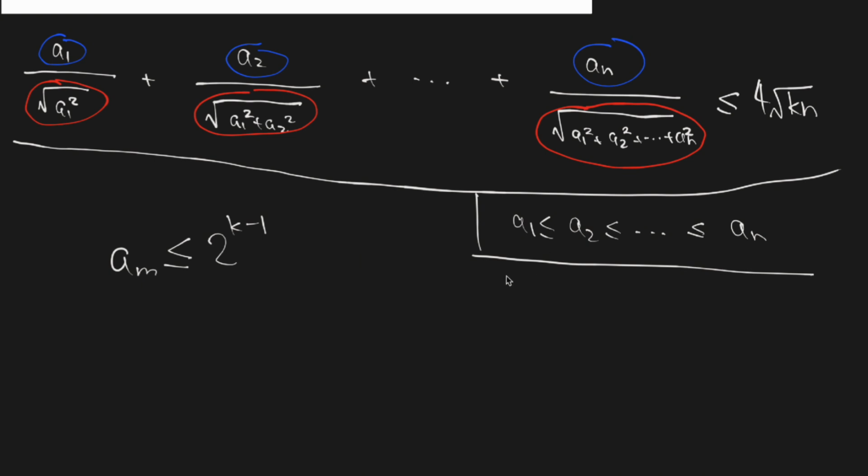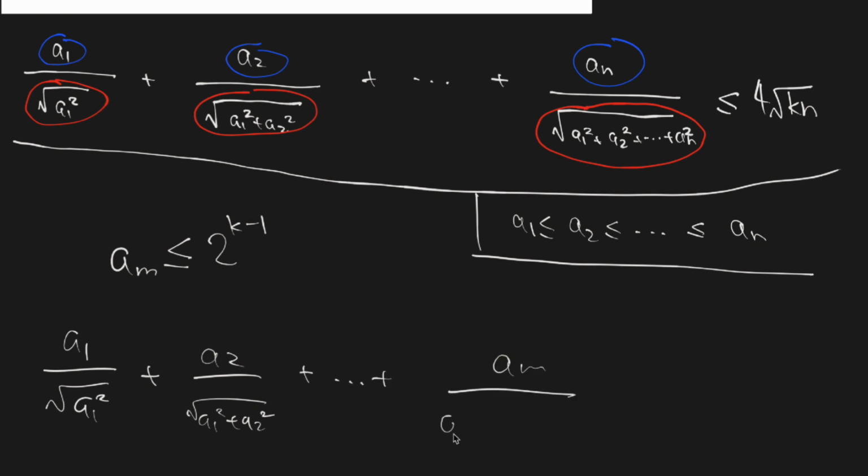So for example, what we can do is partition our sum into a1 over root a1 squared plus a2 over root a1 squared plus a2 squared, plus and so on up to am over root a1 squared plus plus am squared.